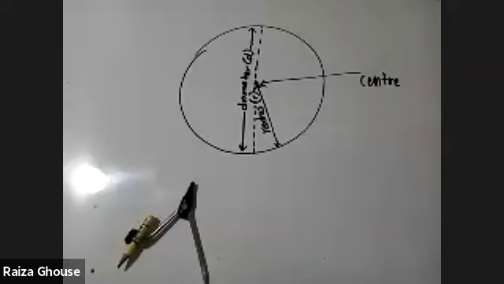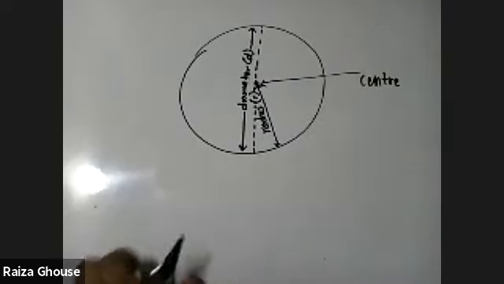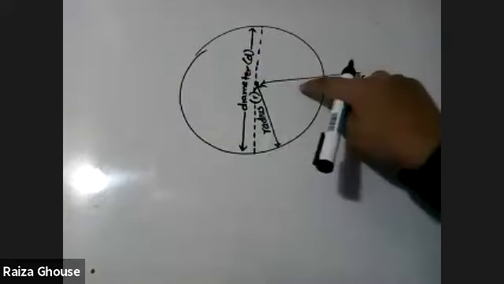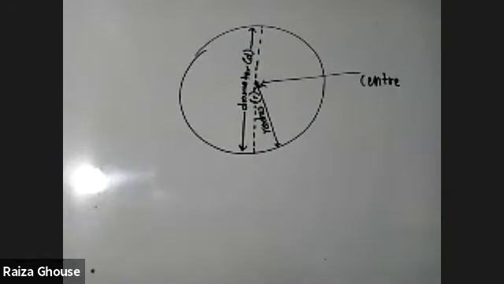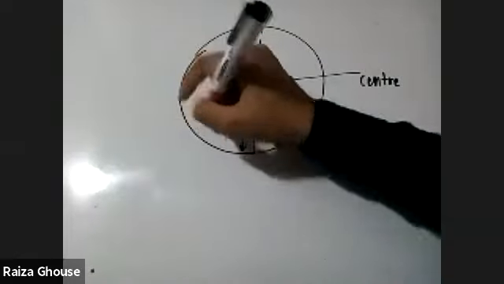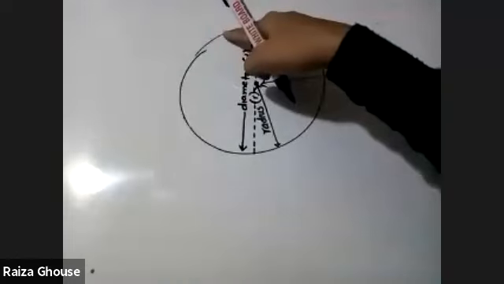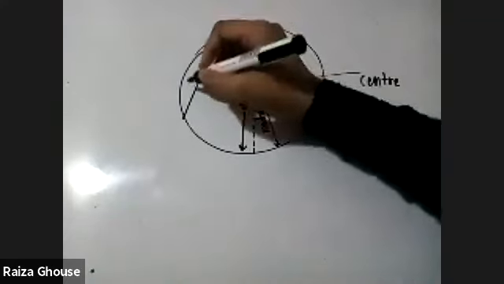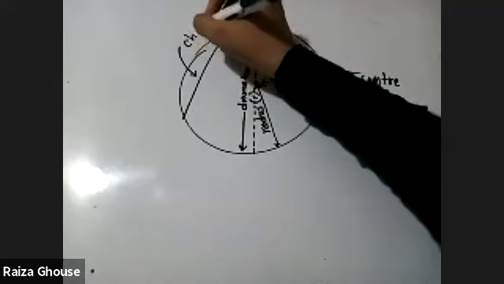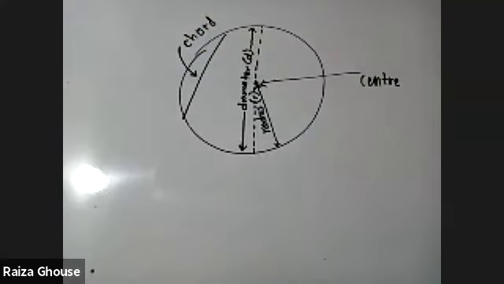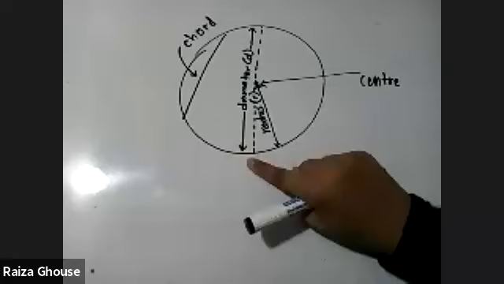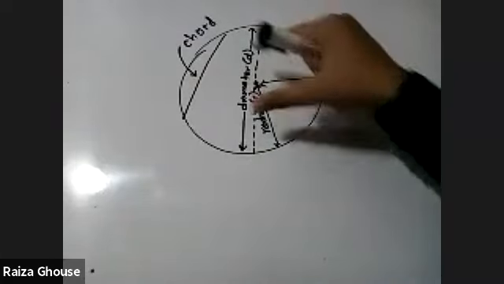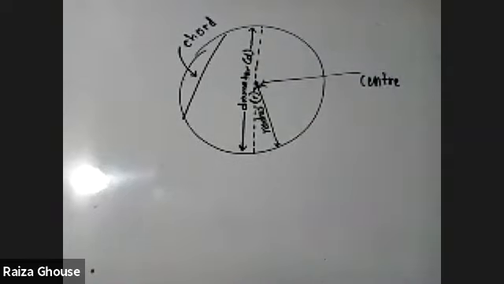You learn the parts of a circle in grade 8. You have a separate lesson called circles. Diameter, radius, center. Not only these, children. You should know, if you draw a line from any point on the circle to another point on the circle, you call it a chord. Definitely diameter is also a chord.